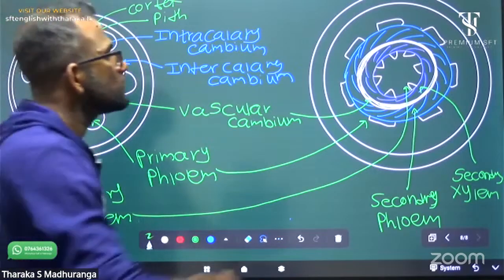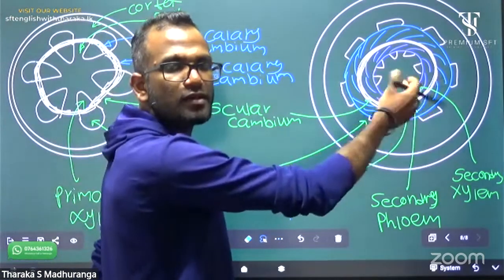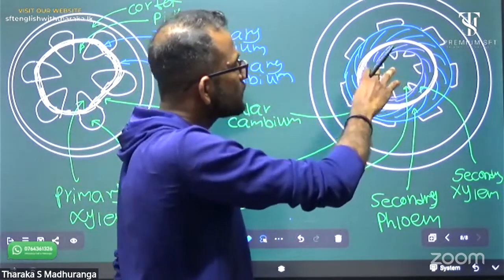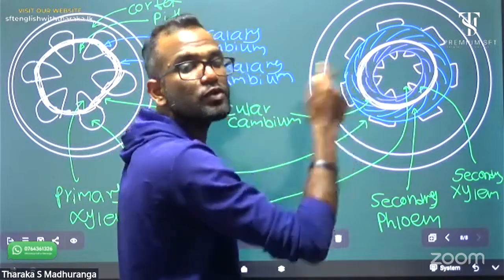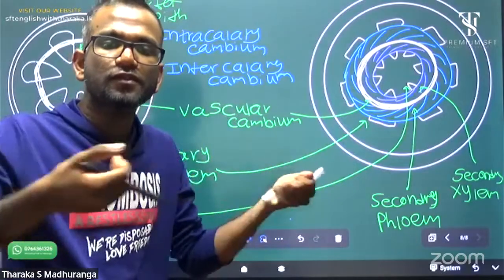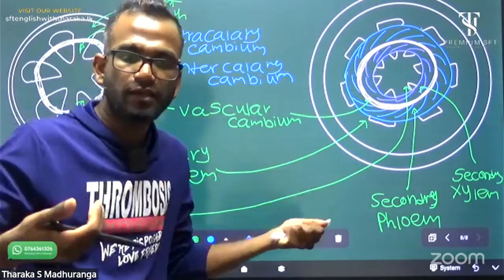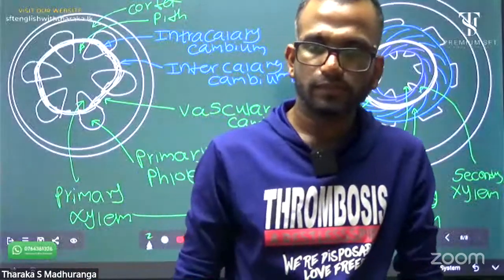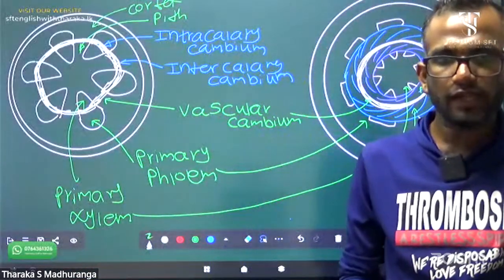My vascular bundle is already there, but more than that, it is expanding and forming two new tissue layers. That's why the thickness of the stem is increasing. Sharon, understand and complete?